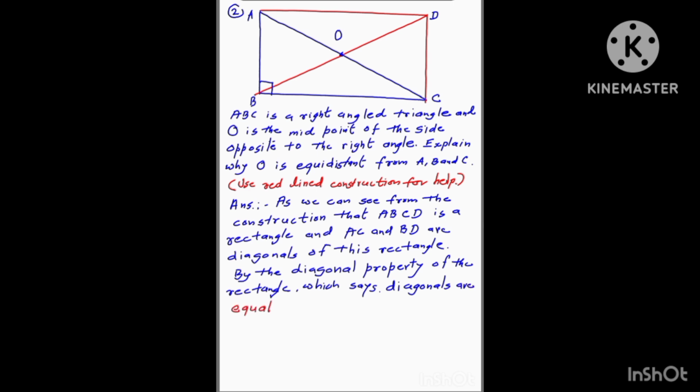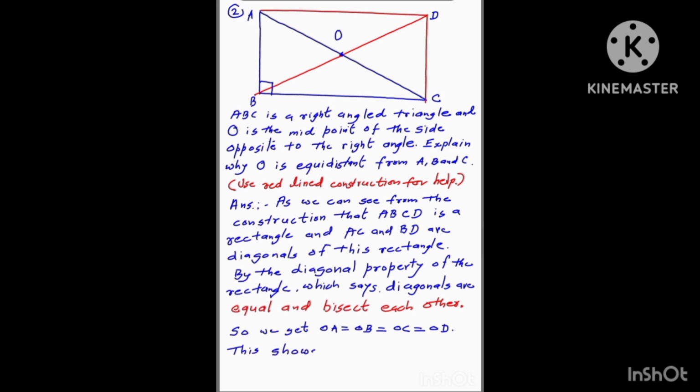So by the diagonal property of the rectangle, which says that diagonals are equal and bisect each other. Okay, this is a very important property. First of all, they are equal, that means AC is equal to BD, and they bisect each other. So from the combination of this property, we get OA equal to OB equal to OC equal to OD, as they bisect each other and they are equal.